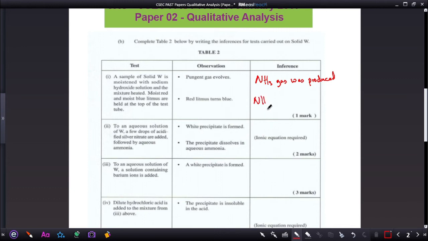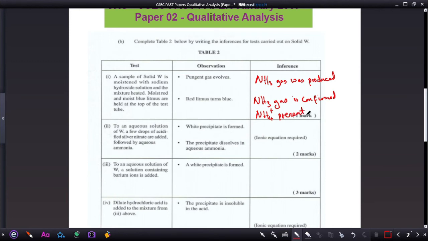And for the next part, the ammonia gas is confirmed, which means that the ammonium ion is present. NH4 plus ion, ammonium ion is present.